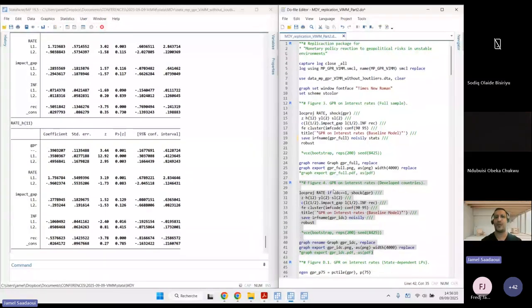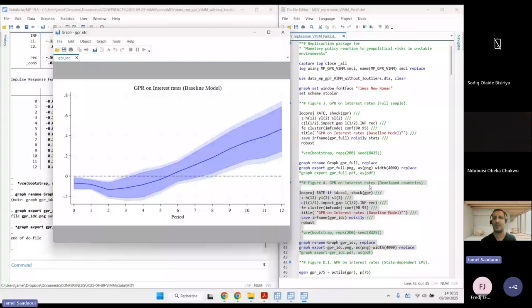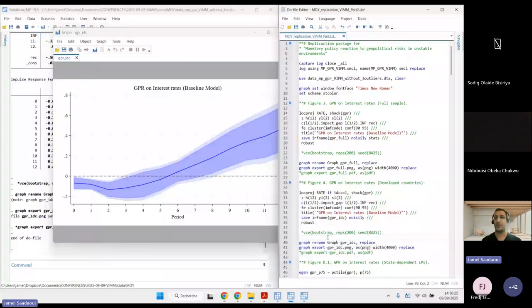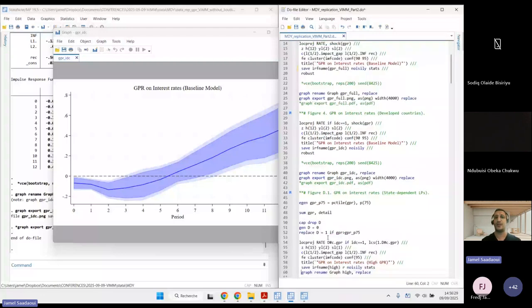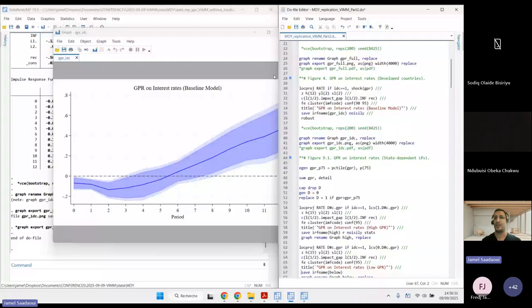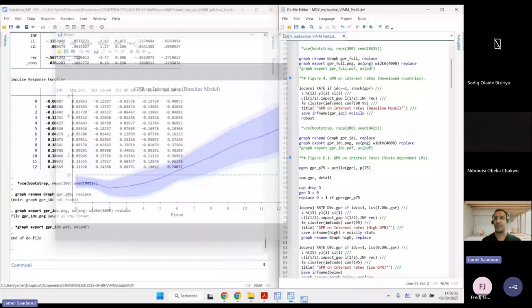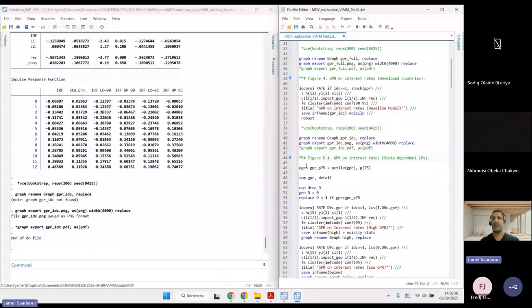Of course, there is some difference, because if you use a bootstrap, I will not do it here because it took a lot of time, the confidence intervals are tighter. So good question by Fred. He said, okay, maybe the results are driven by countries with big geopolitical risk shocks. And indeed it is. So what I will do, I will make this graph.